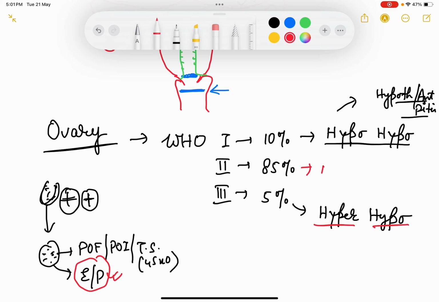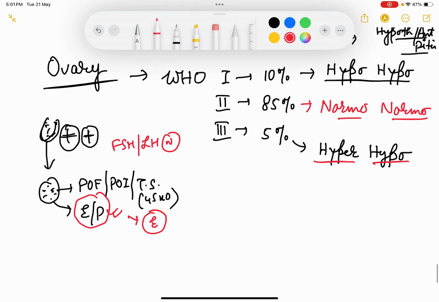Category 2 consists of normo, means normogonadotrophic normogonadism, means FSH and LH are also normal and estrogen is also normal. So, what is the defect actually? Defect is in the form of anovulation because there is no formation of progesterone.